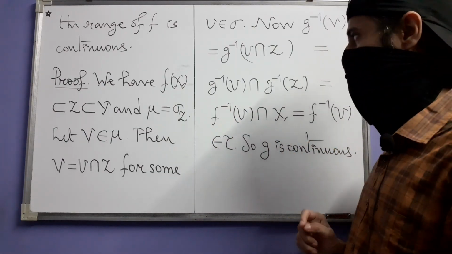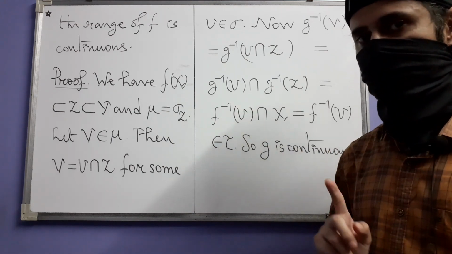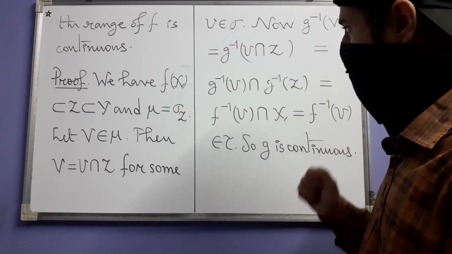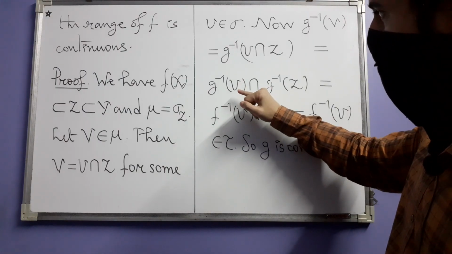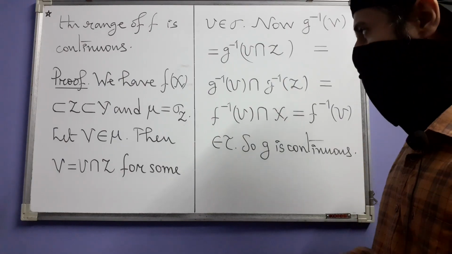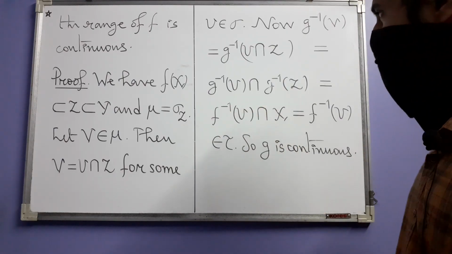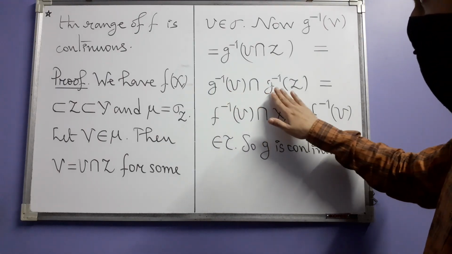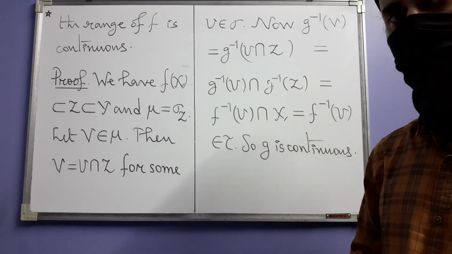The only difference is that the ranges of these two functions are not necessarily the same. Here also, you convince yourself how these two sets are equal. I am not going to elaborate on these small things, but anyway, let's accept for now that this is equal to this and this is equal to this.